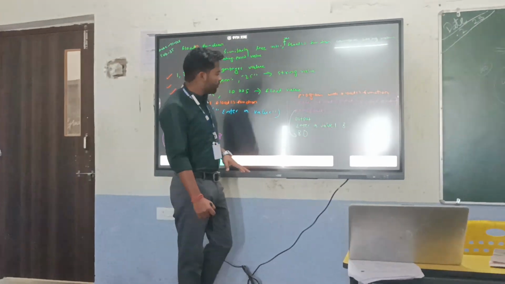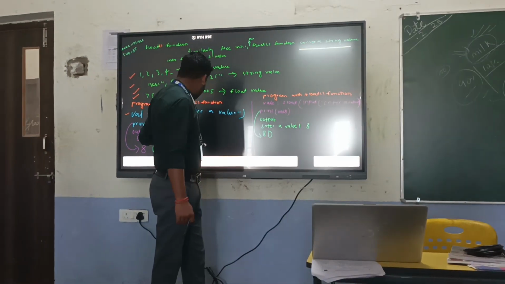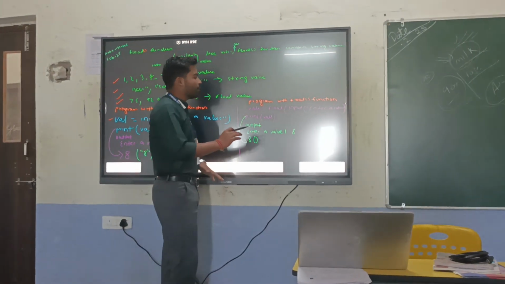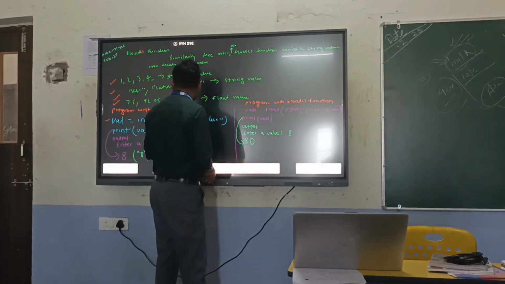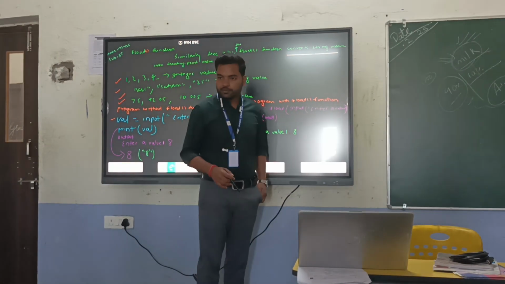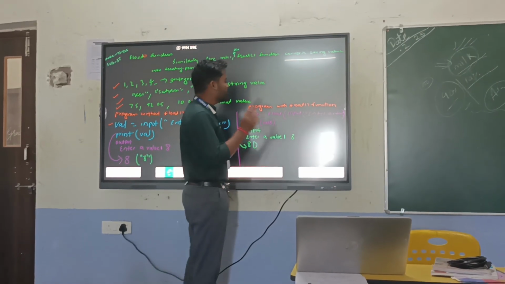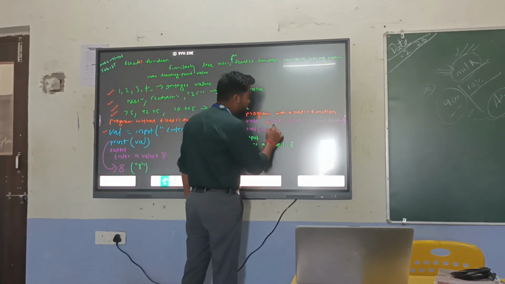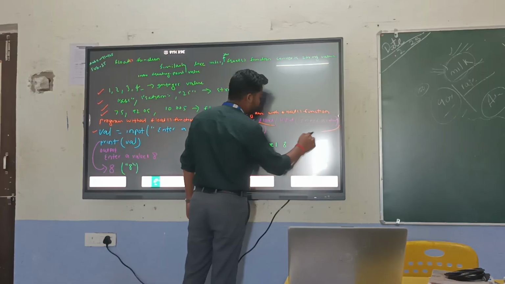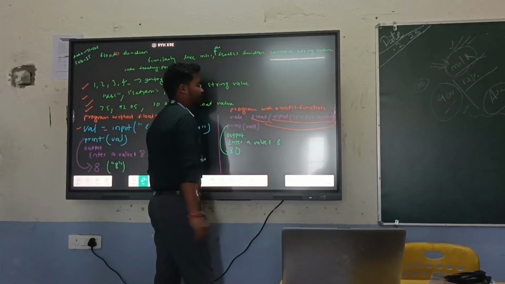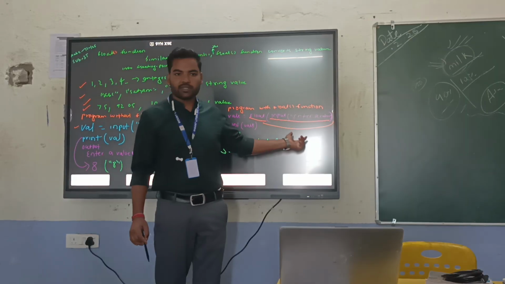Now what I want is this 8 to be stored as float. So we have to convert that string value into float. To convert to a floating point value, we have to use the float function. As you can see, I have written the input function which is wrapped by the float function.